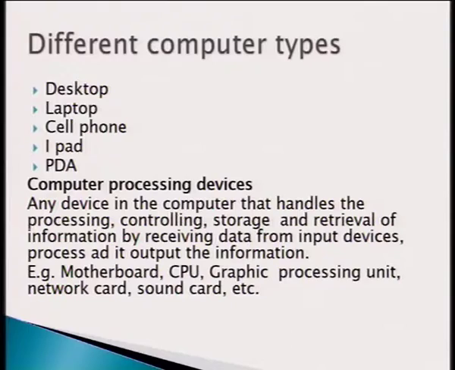We've got the network cards, which are computer devices that allow a computer to connect to the network. We've got the sound card, which are the computer devices that allow us to hear the audio produced by the computer, and a lot more.